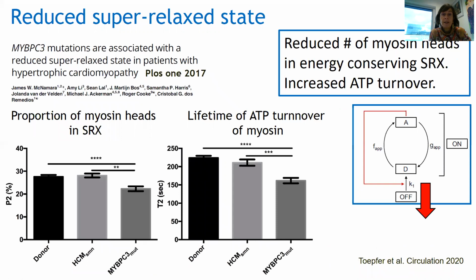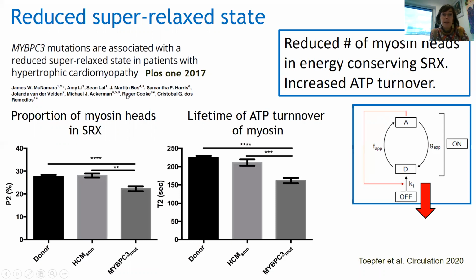And then the third mechanism, which has received a lot of attention in past years, is the so-called super relaxed state of the myosins. So we know, based on many beautiful studies performed in skeletal muscle, but also in cardiac muscle, that there's a portion of myosin heads in the so-called super relaxed state, which is an energy conserving state.